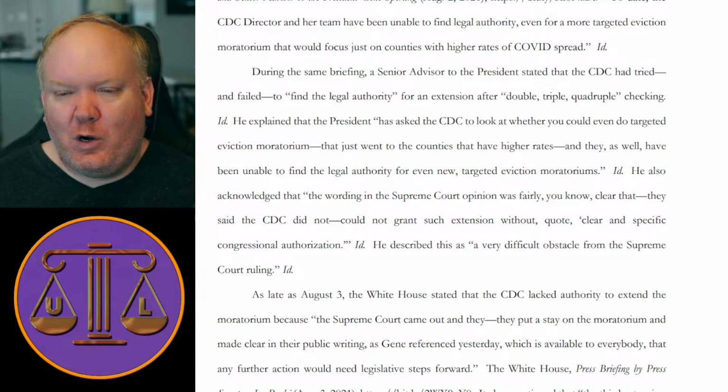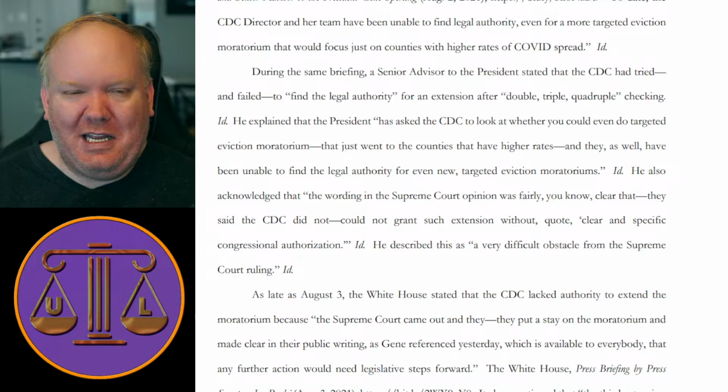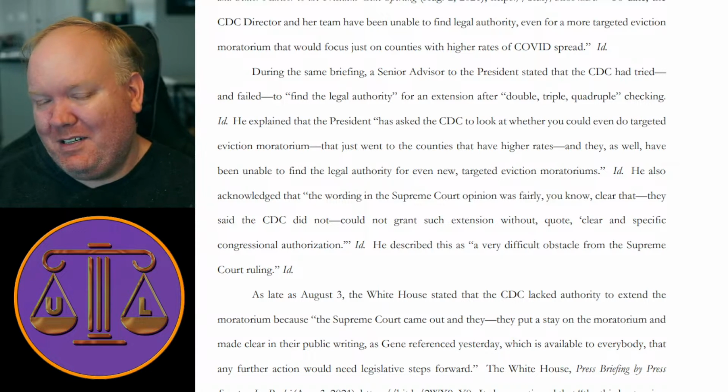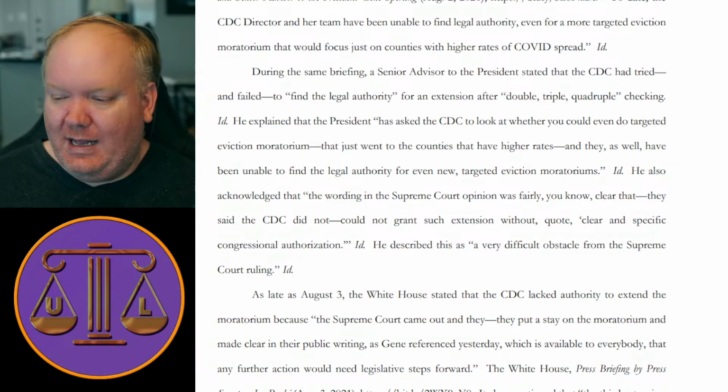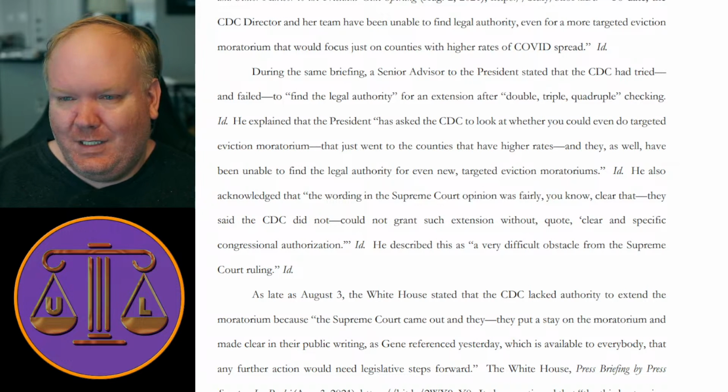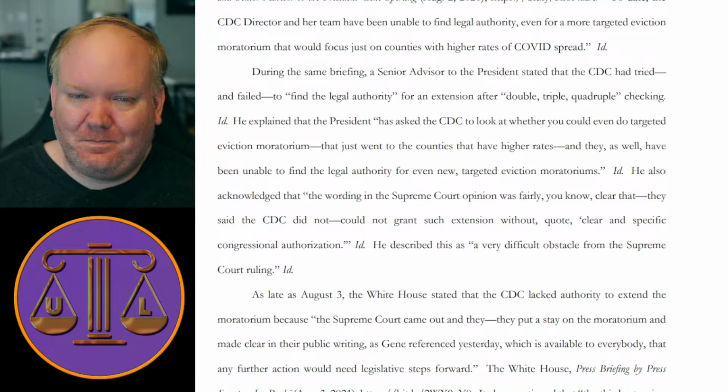He also acknowledged the wording of the Supreme Court was fairly clear. They said the CDC could not grant the authority without, quote, clear and specific authorization. Yeah, I didn't see a lot of ambiguity in that Supreme Court decision. Seemed pretty clear to my legal mind.